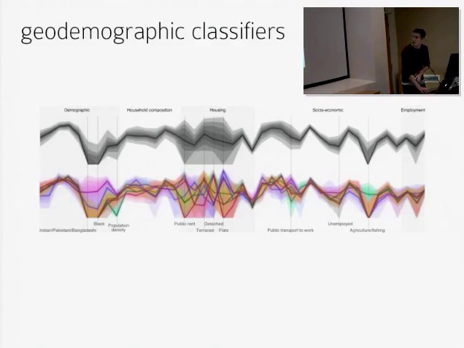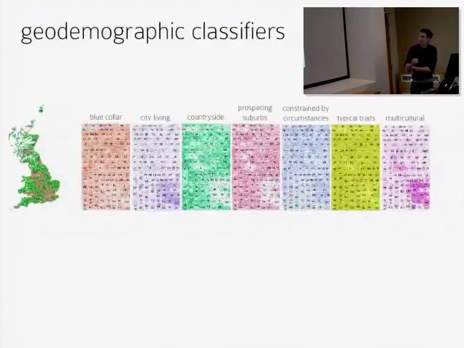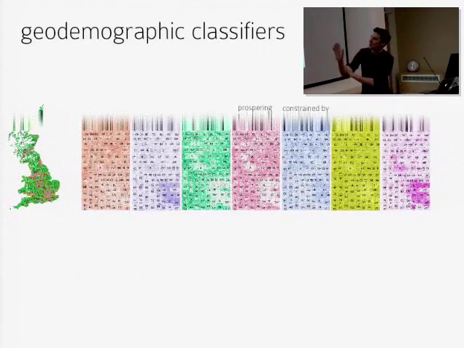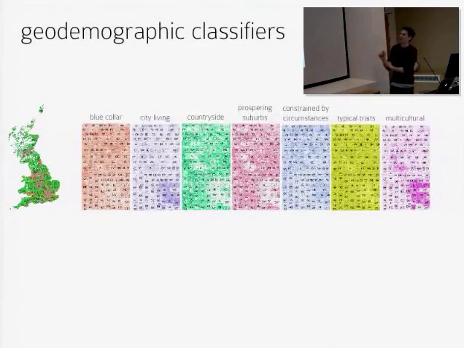So there are 7 key output area classification groups that people typically use, labelled here: blue collar living, city living, countryside, prospering suburbs, constrained by certain census typical traits.